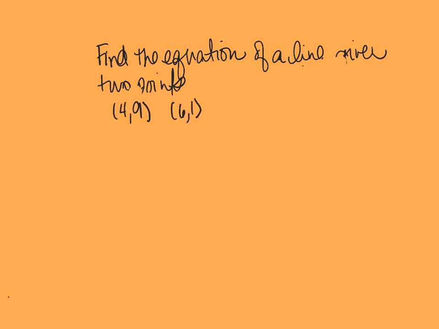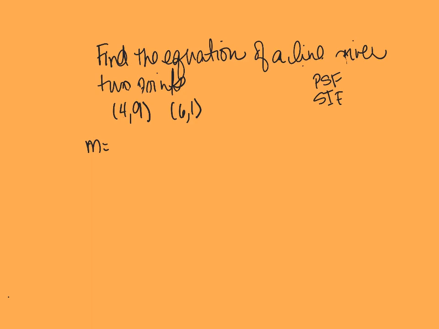All right. Now, if we recall, we're going to put this again in point slope form and slope intercept form. So our first step is we're always going to need to find the slope if we do not already have it.